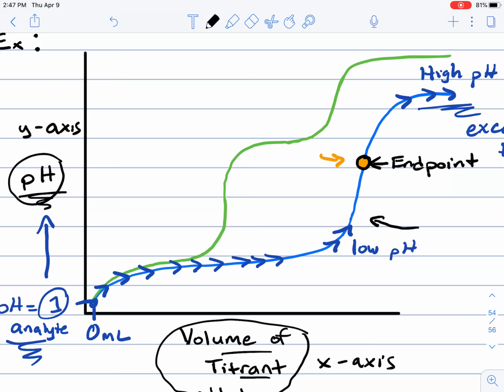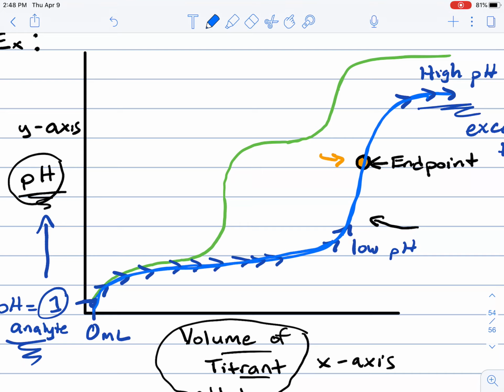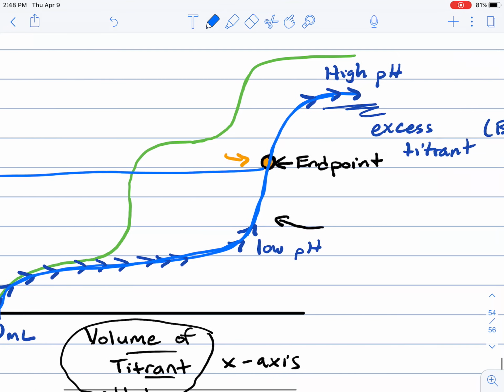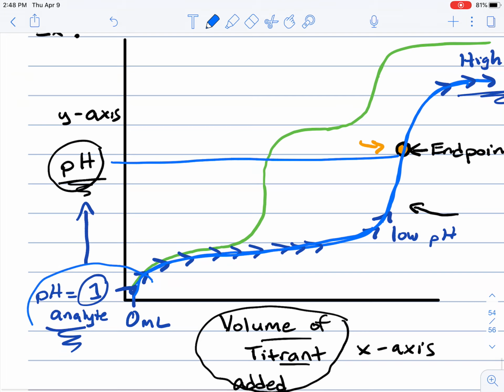And so if you have a titration curve that's represented by this blue curve, it tells you not only the pH at the end point, but it also tells you that your analyte is acidic because we started at the bottom.